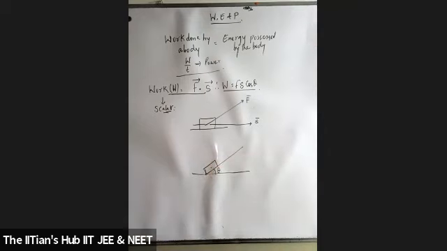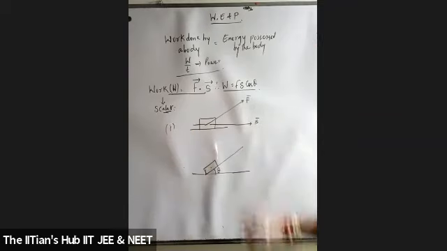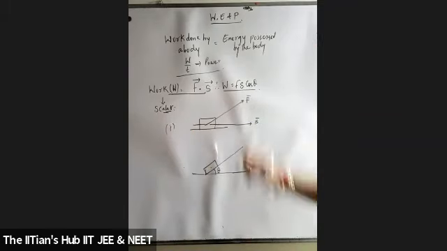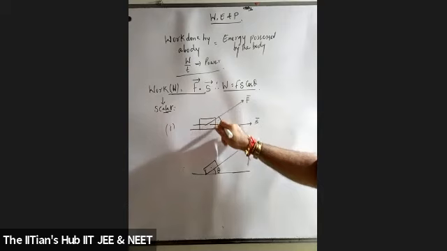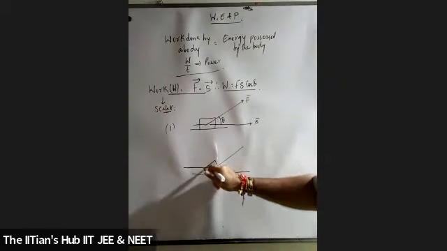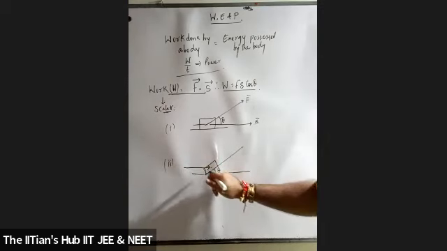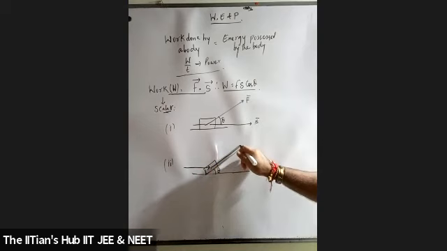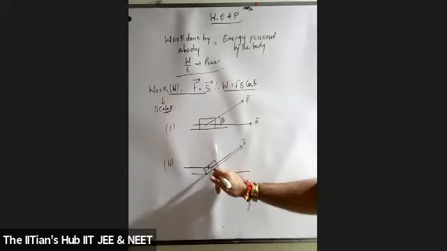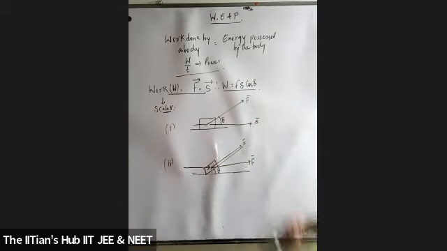In the first case, look, the displacement is horizontal and the applied force is inclined at an angle theta with the horizontal. In the second case, the applied force is horizontal and the displacement is along the incline. Now, are F and S in the same direction in both the cases?